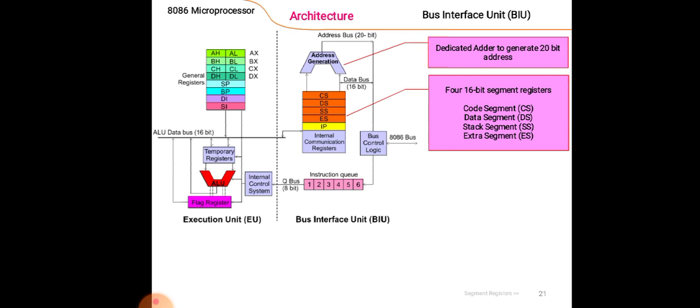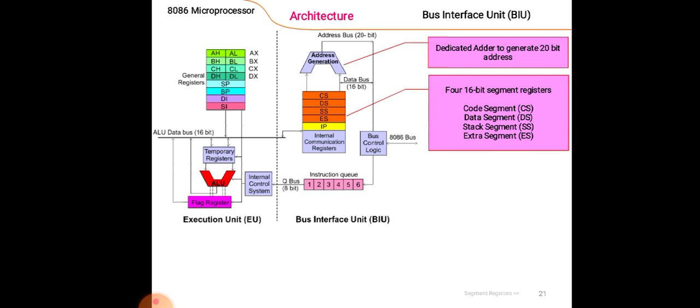This physical address generation is done by code segment register and instruction pointer. The segment register is having 16-bit address, and the instruction pointer will provide 4-bit displacement to this, and this 4-bit displacement by instruction pointer and 16-bit address of CS is added together in address generation. In this way 20-bit physical address generation is carried out inside the bus interface unit.